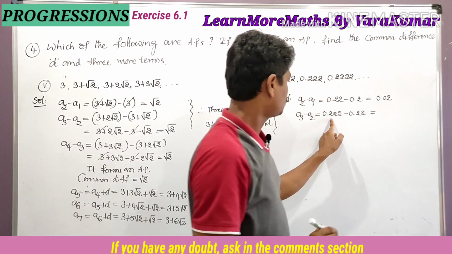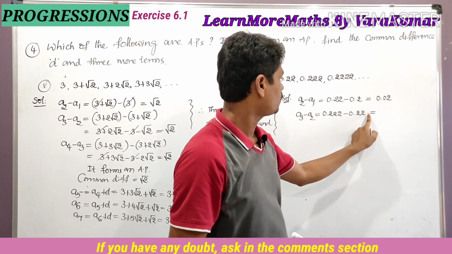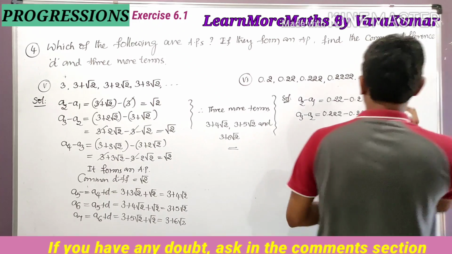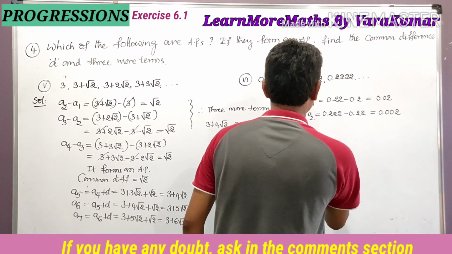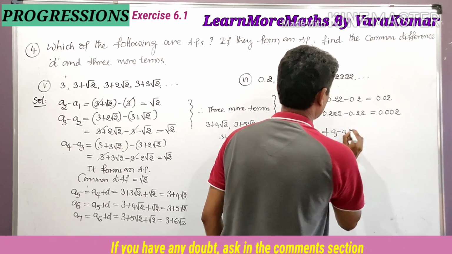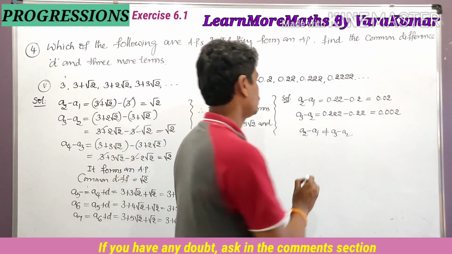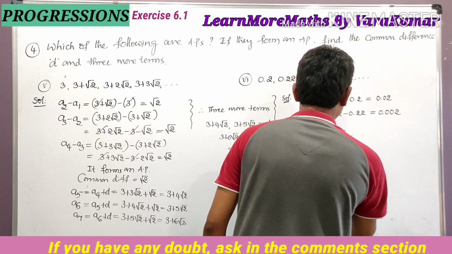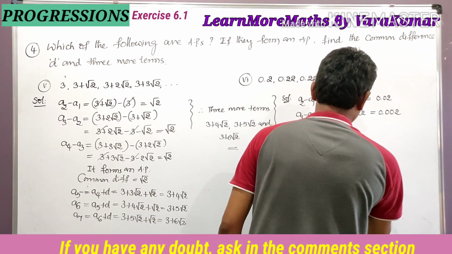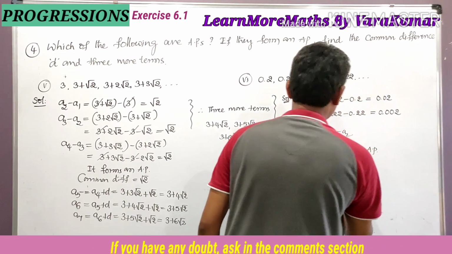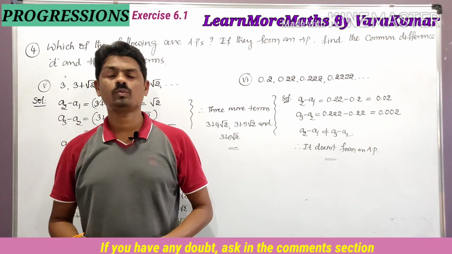So here the 2s cancel. Here if you write 0, we can get 0.002. So here a2 minus a1 is not equal to a3 minus a2, student. These two are not equal. Therefore it does not form an AP. So this is the 6th bit, student, in the 4th problem.